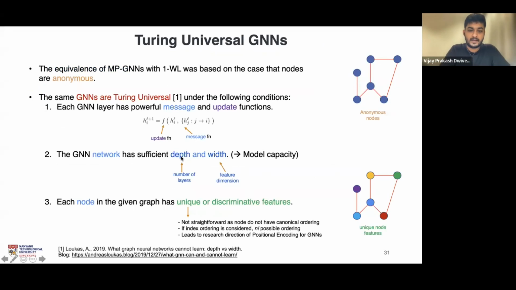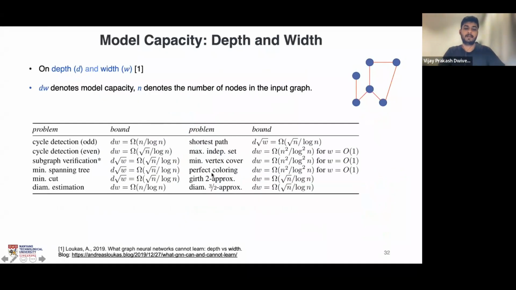Like I told you, the depth and width are collectively called the model capacity, and just saying a network should have sufficient depth and width may bring up the question of what depth and what width to consider. So naturally, the same paper by Lucas derives certain conditions, certain bounds, for this model capacity. If D is the depth and W denotes the width, then the multiplication DW denotes the model capacity.